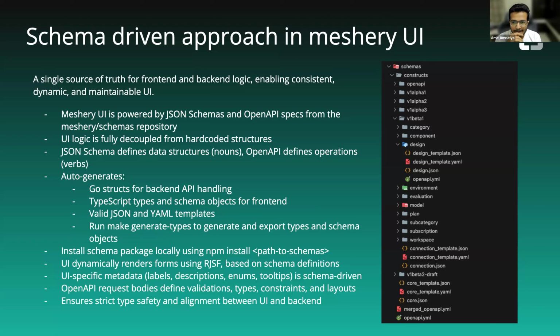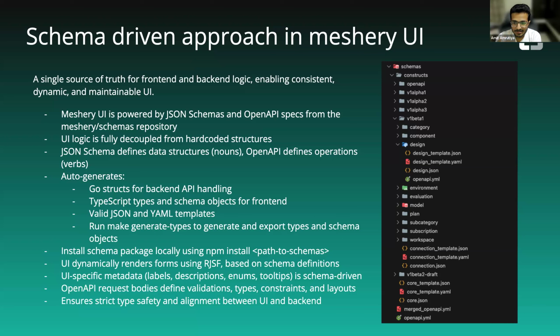So like in Sistent, we have a single source of truth for all of the UI. It is one place where a UI change will reflect in all other places. In a similar way, schemas is useful for having a single source of truth for front end and back end logic. So let's suppose I have to create any core construct.